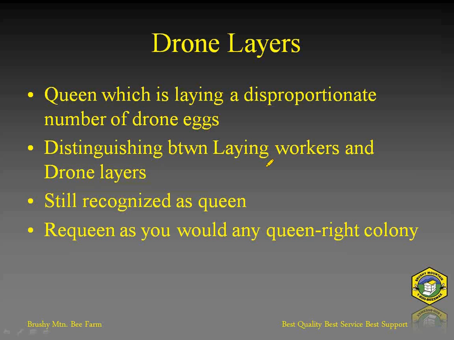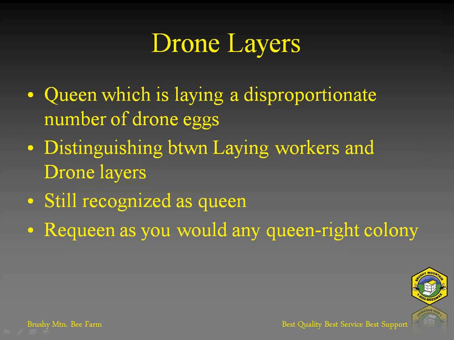You need to get rid of that drone layer. What causes a drone layer? Generally, these are older queens, but it could be a queen that didn't mate properly for whatever reason. Maybe it was a windy day. It could have been warm and sunny, but it was really, really windy, and so she didn't get appropriate matings.